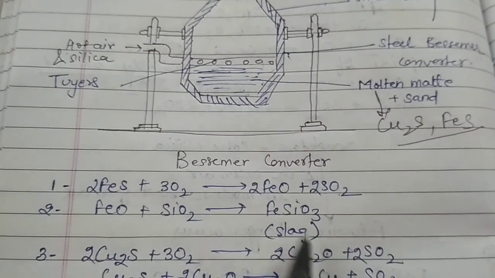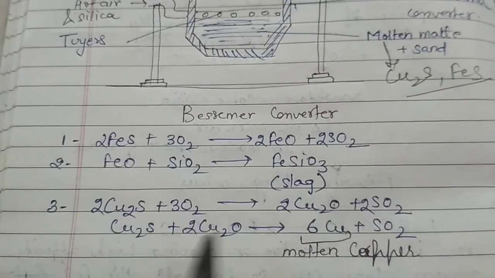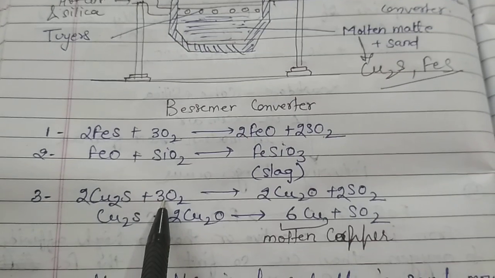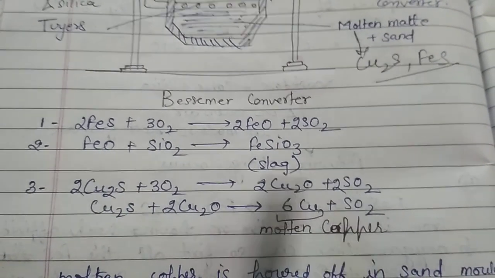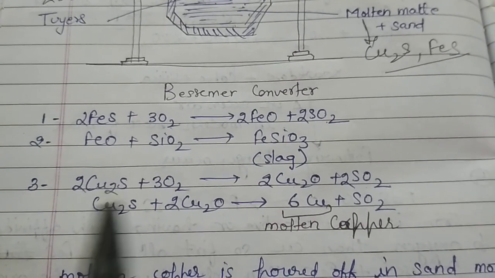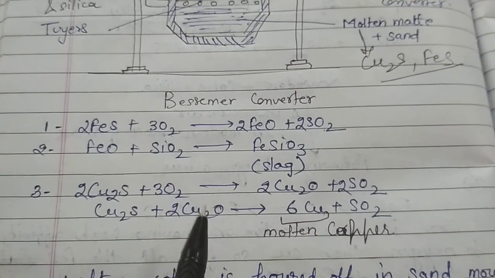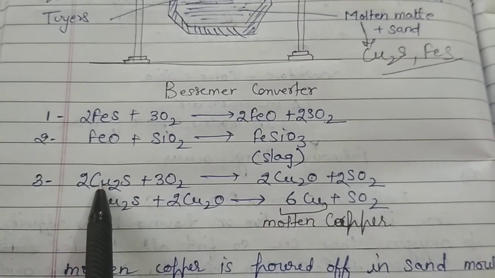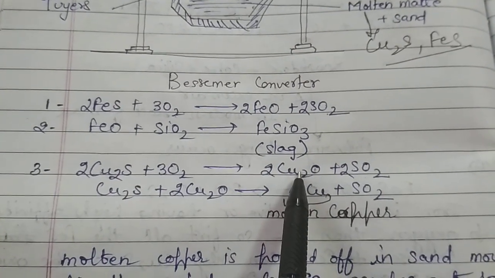The slag, again being lighter, would be collected over the surface of the metal, and now copper sulfide finally would be oxidized to copper oxide and sulfur dioxide. And as we have discussed the number of reduction methods, here is the self reduction method. We are able to see that only partially copper sulfide would be converted into copper oxide.